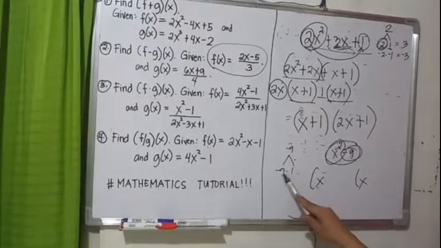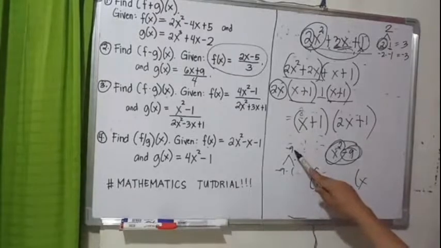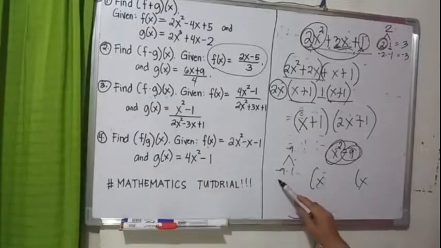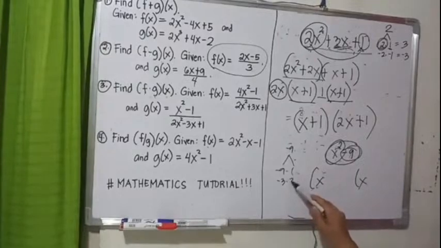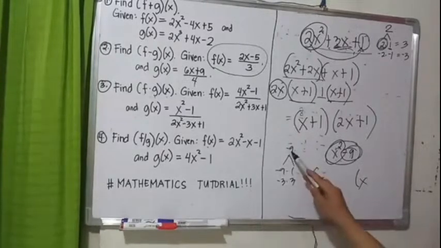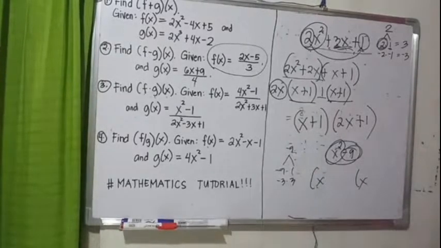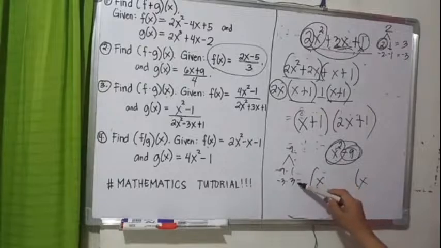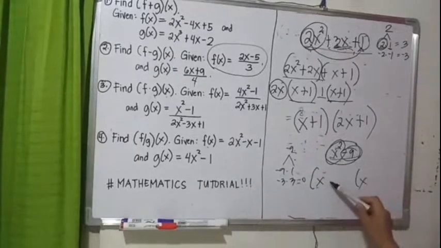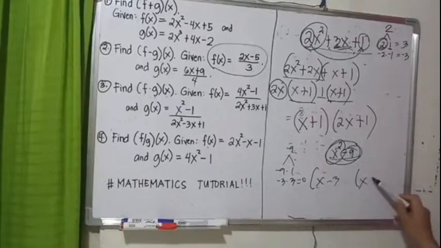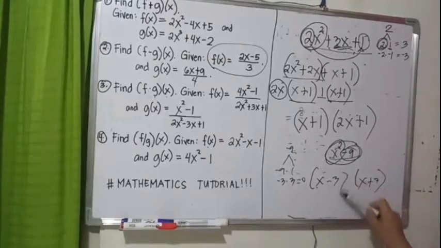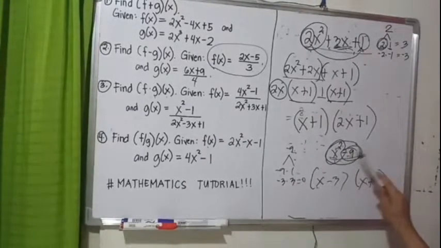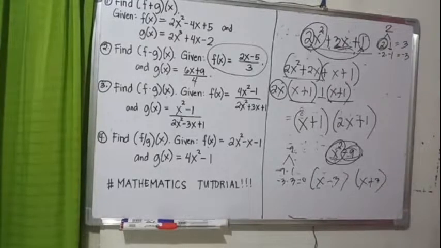Negative 9 times 1, the result is negative 9. Then, negative 3 times positive 3, that is negative 9. But if you add the two numbers, dapat yung sagot is 0. So, that is negative 3 and positive 3. So, ang factor ng x squared minus 9 is x minus 3 and x plus 3.